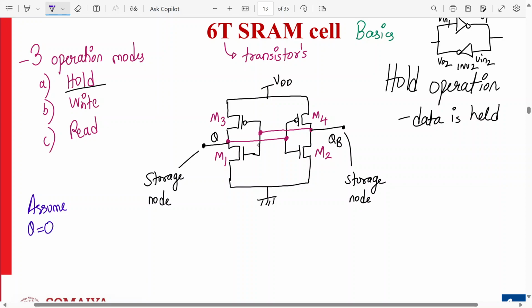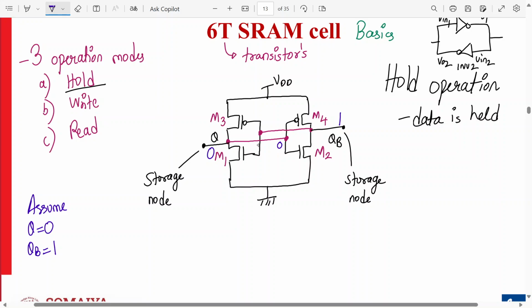Agree? So QB node will be storing 1. So Q is storing 0 and QB node is storing 1. Agree now? Because if this is 0, see, listen here. If this is 0, the output of this will be 1, correct?